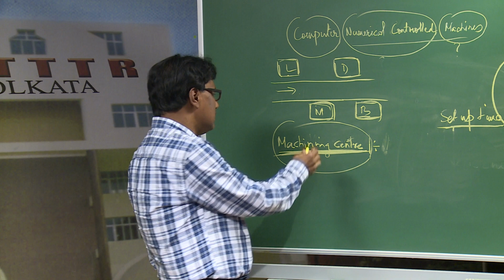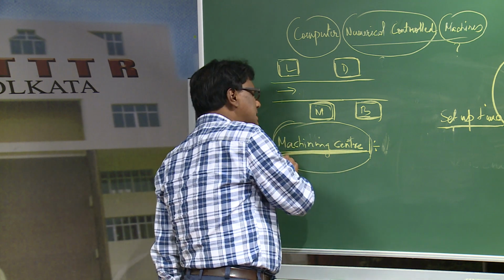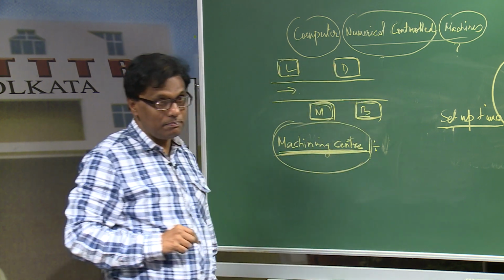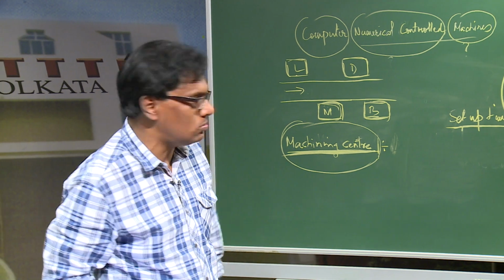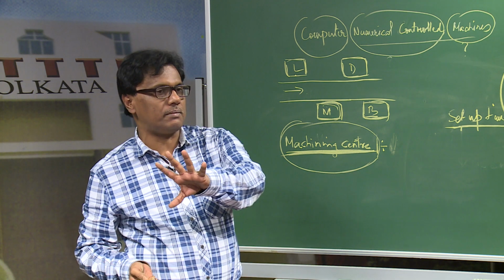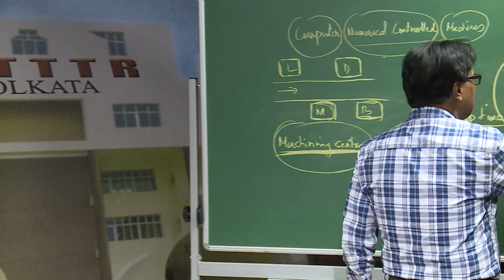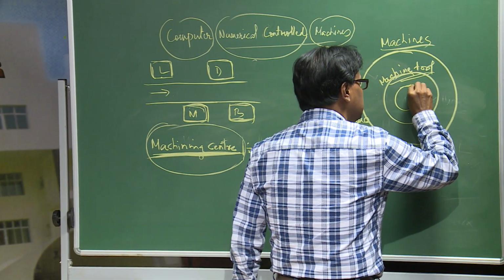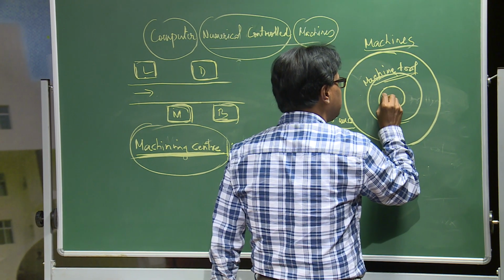This type of machine is called a machining center. These are essentially machine tools, but a very special type of machine tool. If I want to see this machining center pictorially, this is the machining center.